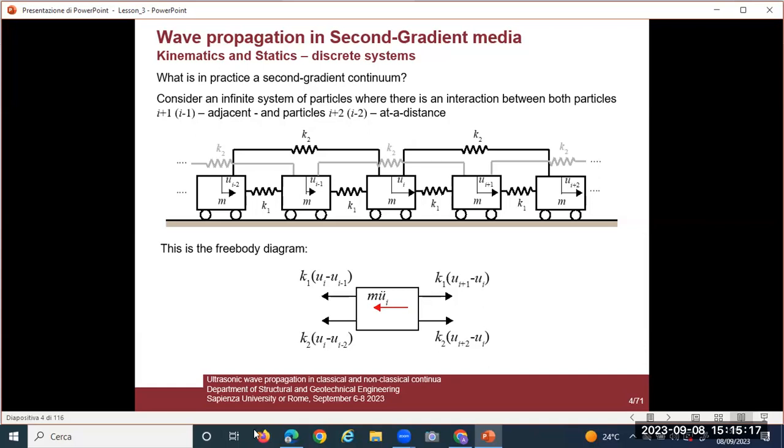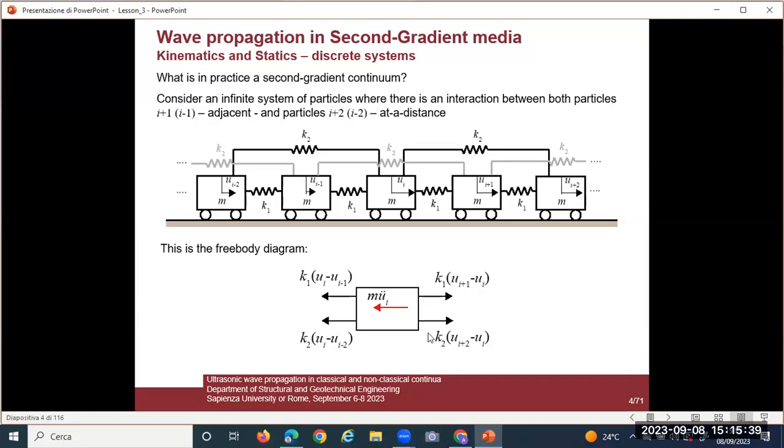Now, if you observe the free body diagram, you see that you have the usual inertia force. This is the same. Then you have the interaction between adjacent particles, which is exactly the same as we saw 2 days ago.